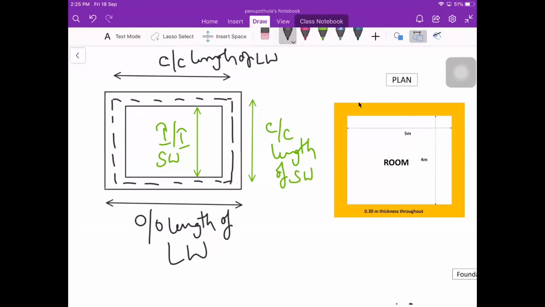This will be the center to center line length of the short wall, and this will be the center to center line length of the long wall. You need to show this for every room or problem, the foundation part or the plinth part, everything.